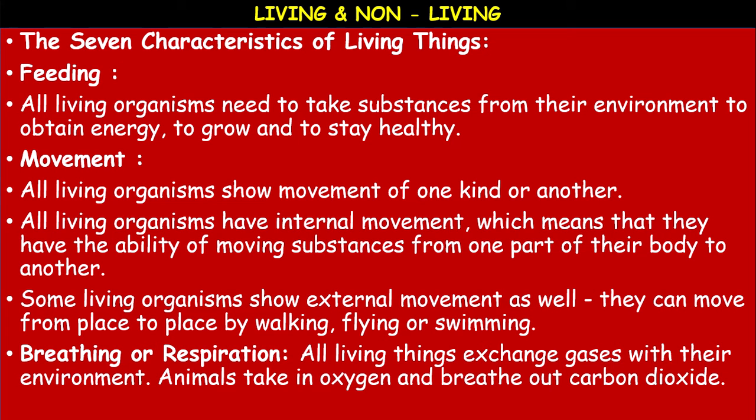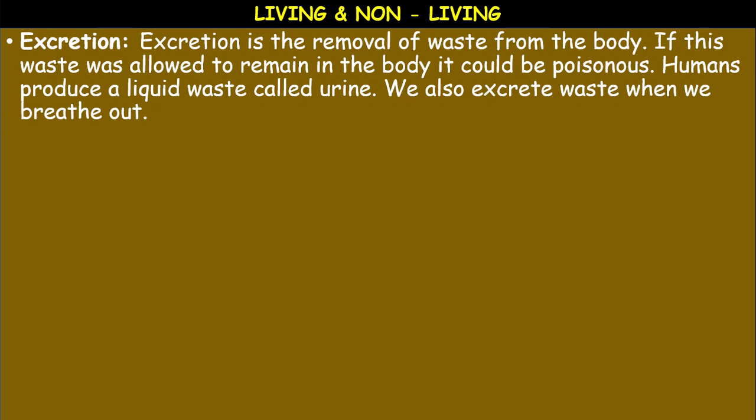A respiratory organ is involved. Even plants also respire. Stomata, the structures which help in the exchange of gases. So all living things exchange gases with their environment. The animals take in oxygen and breathe out carbon dioxide. Next, excretion.